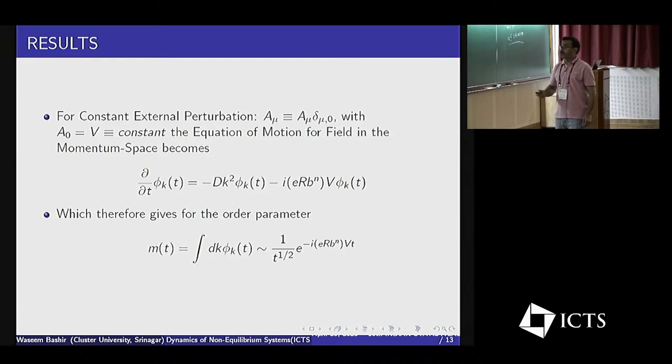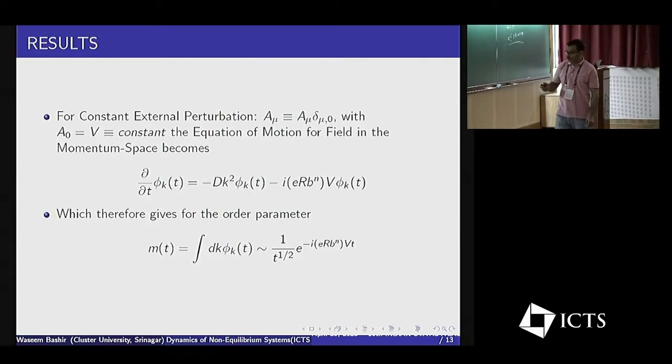The order parameter in this case turns out to be that 1 by t to the power half, but stretched by this exponential factor. If we plot the real part of this m of t, it fluctuates, even though the amplitude is still governed by this universal law, 1 by t to the power half.